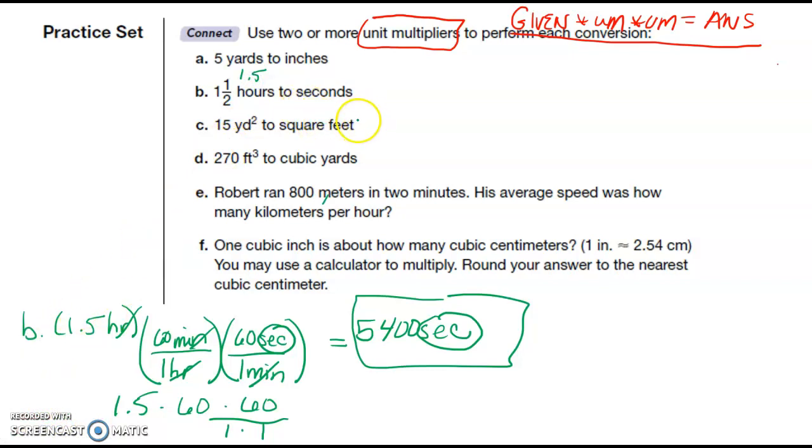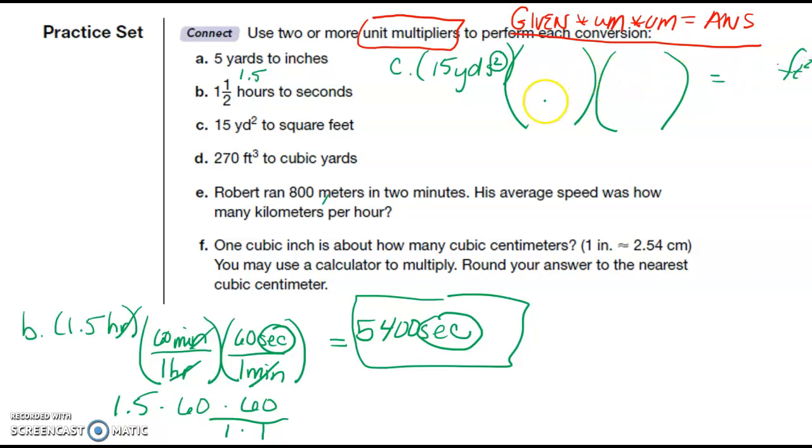Okay, so we'll do C up here. I have my given, 15 yards squared. This is important right here. I'm trying to get to feet, and I know it's going to take at least 2 unit multipliers. Feet squared, square feet.